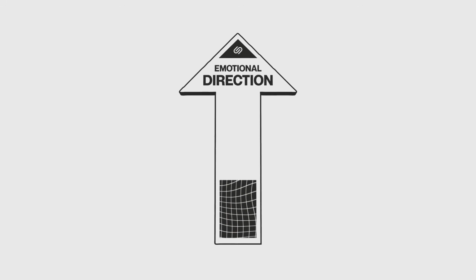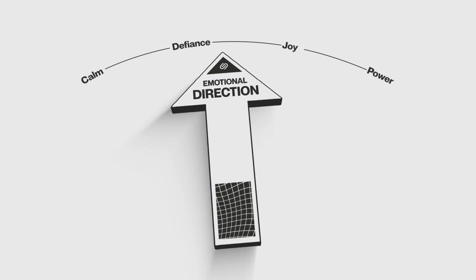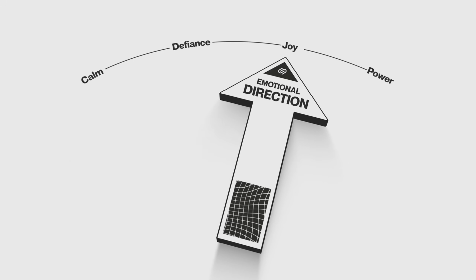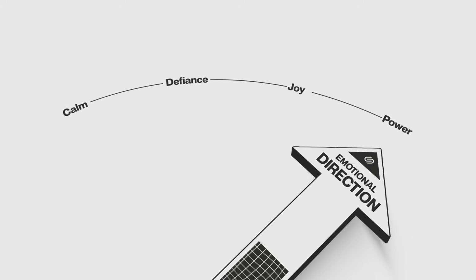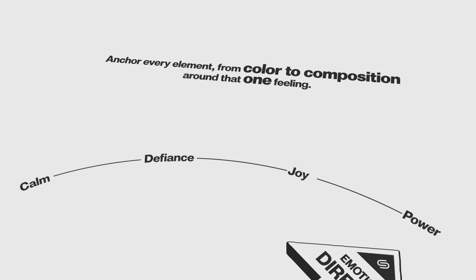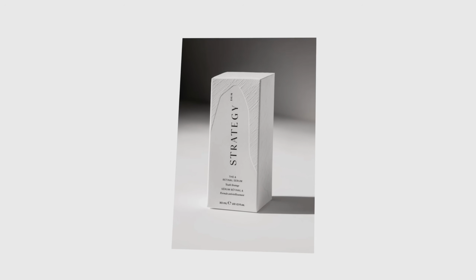Now, in your own designs, you can apply this by defining a single emotional direction before you even begin. Do you want your design to inspire calmness, defiance, joy, power, whatever? Anchor every element from color to composition around that one feeling. For example, imagine you're designing a premium skincare package.